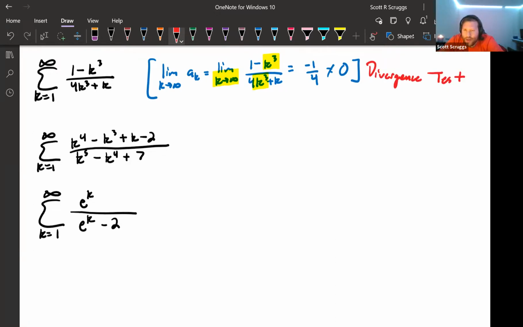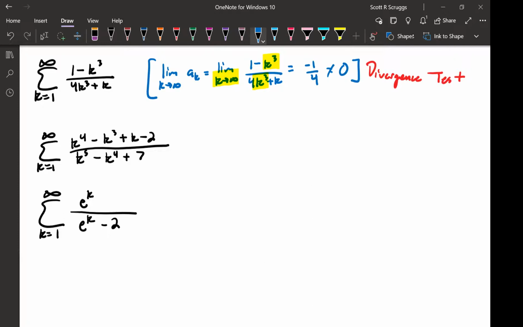Any questions about that first series and about whether or not I can use divergence tests? Since it's -1/4, it does diverge, right? Yep. Doesn't matter what that limit is, as long as it's not 0, the divergence test is good to go.